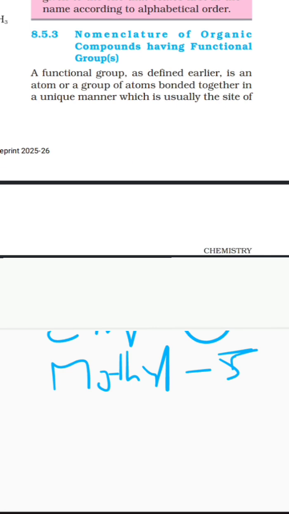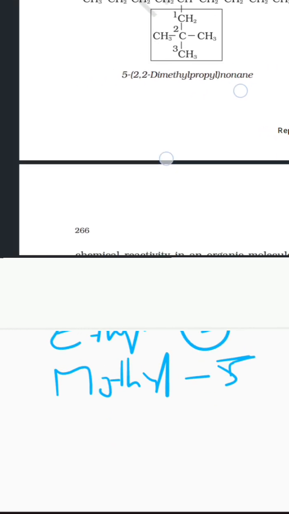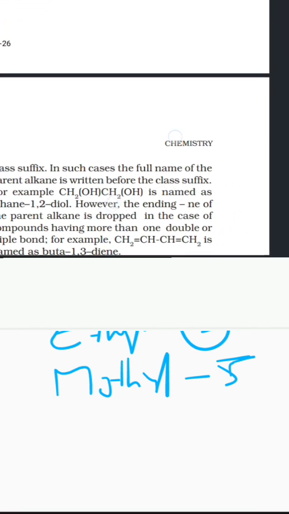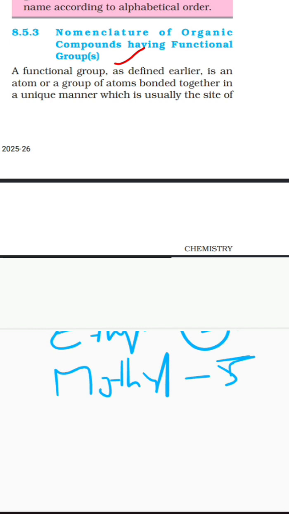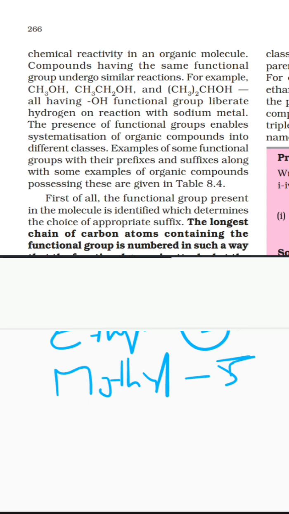Now nomenclature of organic compounds having functional groups. What is this functional group? A functional group is defined as, earlier also we have discussed, an atom or a group of atoms bonded together in a unique manner, which is usually the site of chemical reactivity in an organic molecule.